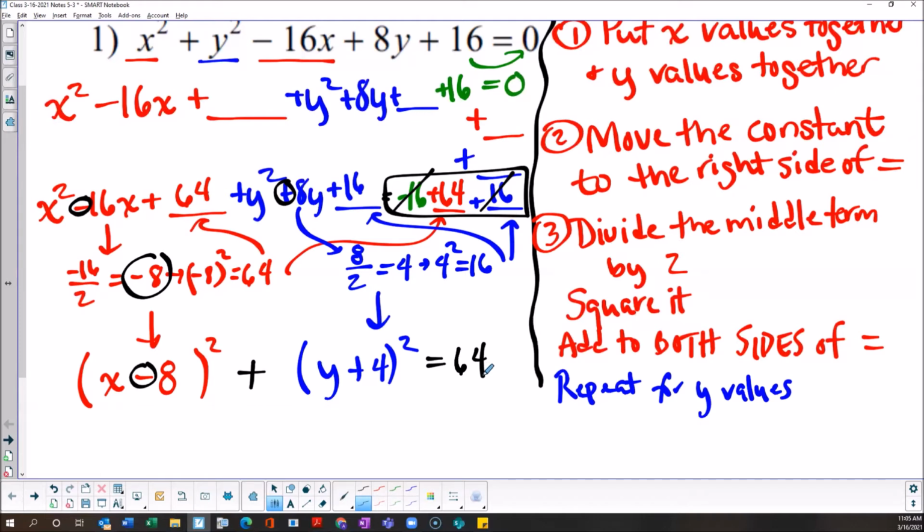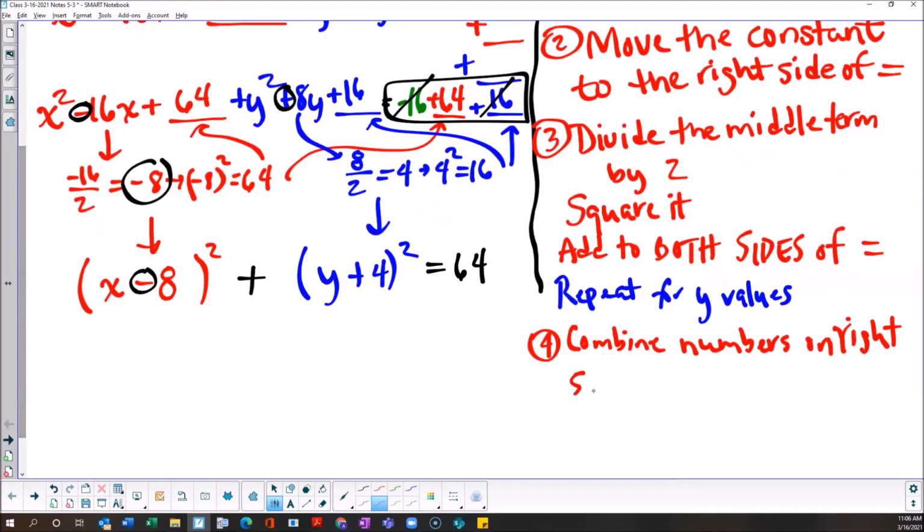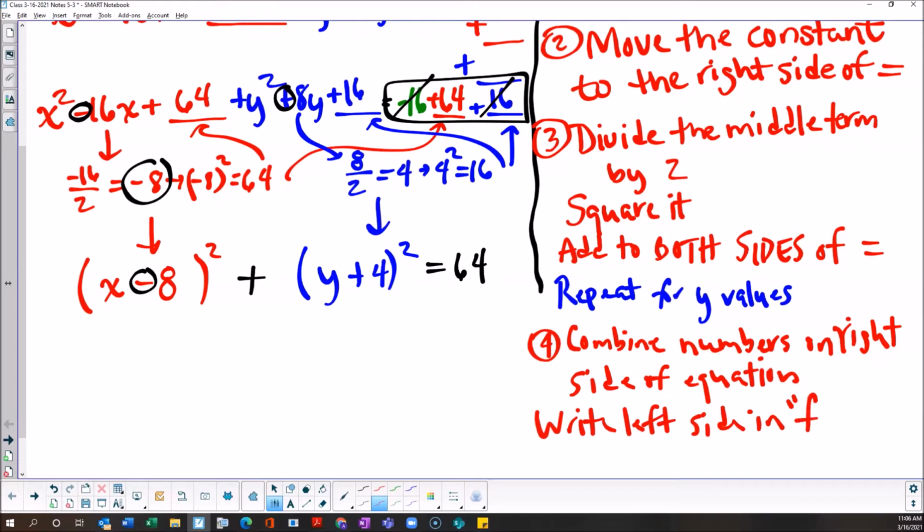Right? So the last thing we did was work on the right side, and then the left side in factored form.